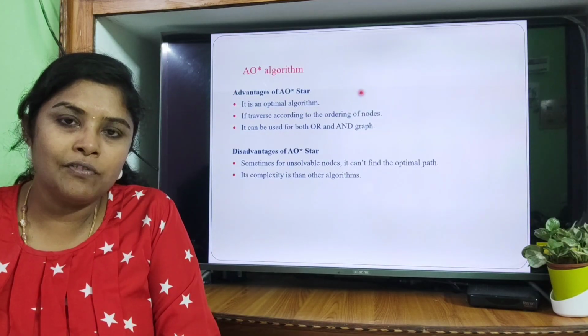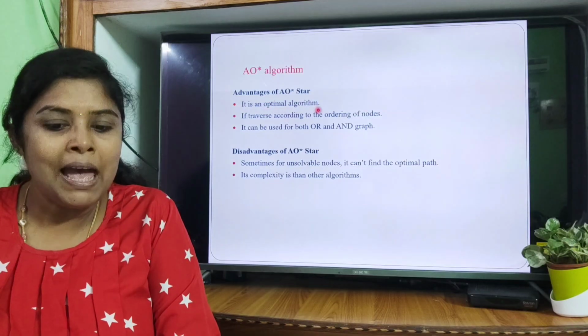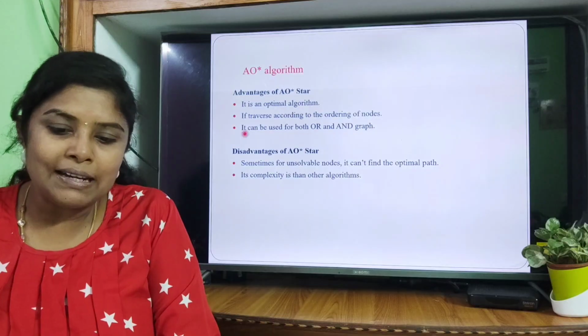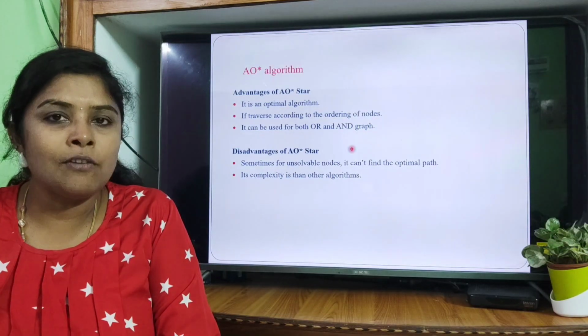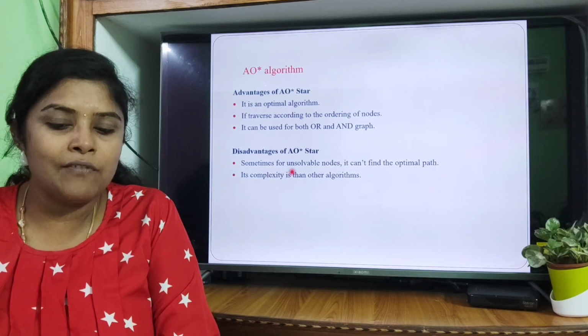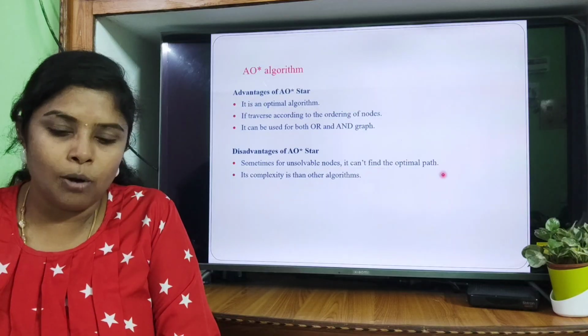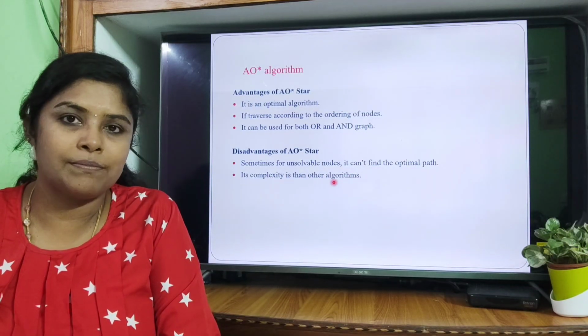The advantages of AO star algorithm is that it is an optimal algorithm and it can traverse according to the ordering of nodes, and it can be used both for OR as well as AND graph. Some of the disadvantages are it cannot be solved when we have unsolvable nodes. It won't be able to find the optimal path, and it is more complex compared to other algorithms.